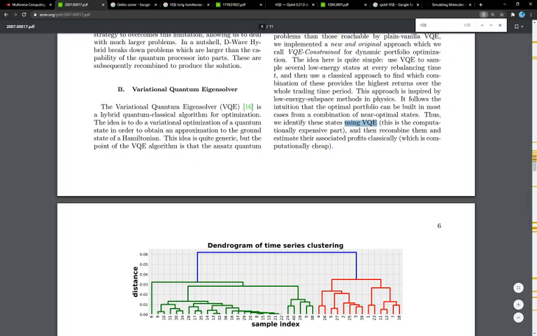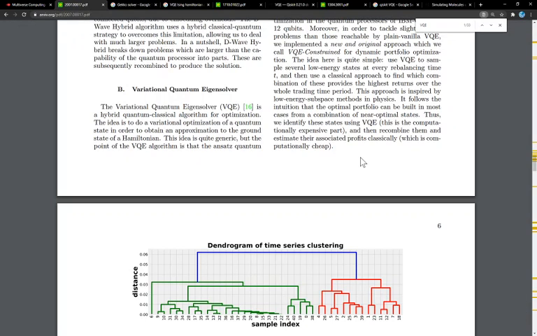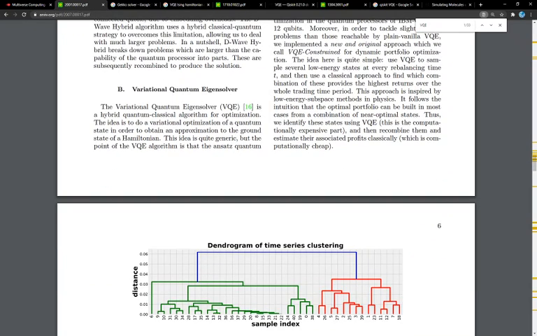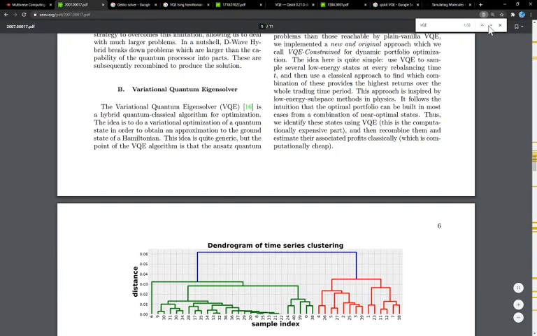So that's basically it. Now the question is, do I want to implement VQE from scratch, or do I want to use Qiskit's VQE?